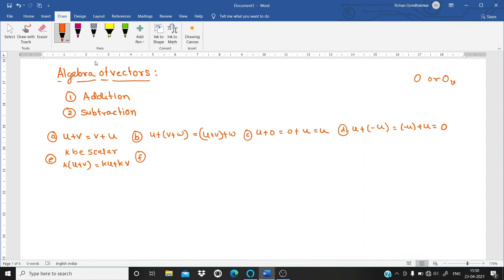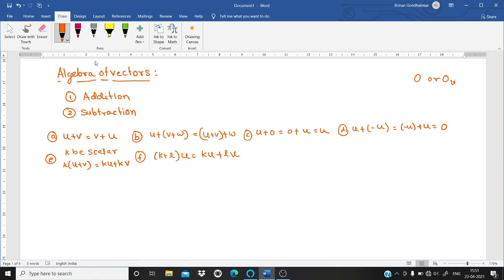One more property we have studied: there is an addition of two scalars k plus l, and we multiply by some vector u, then we have k into the vector plus l into the same vector. That means in property E, we are saying that scalar multiplication is distributive over addition, and here we distributed u over the scalar additions.